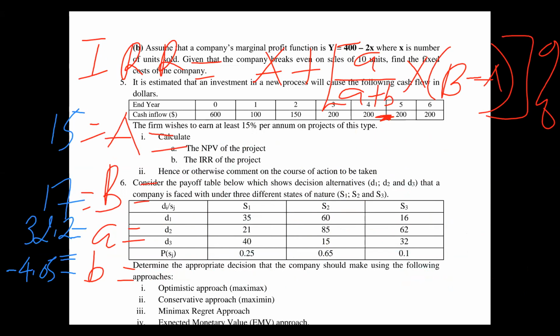Expect such in an exam or in a test. A is 15. 15 plus, what is our value of small a? It is 32.2 divided by, what's the value of small a again? 32.2 plus 4.05.